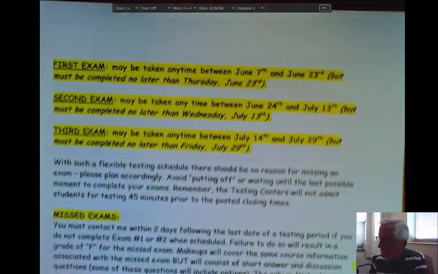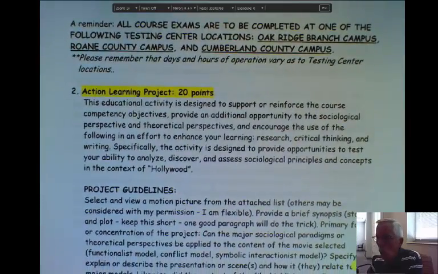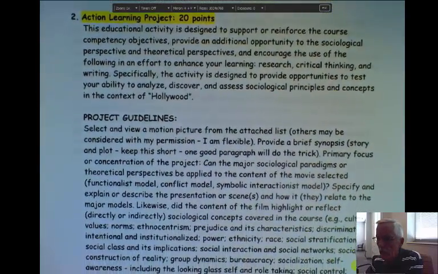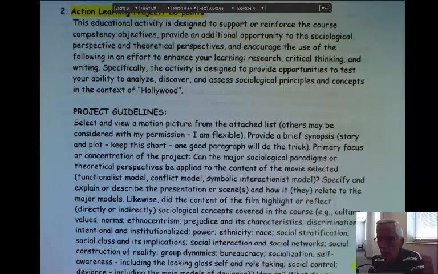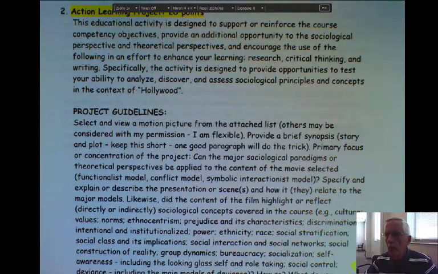Now, in addition to the 3 exams, there is one other key evaluation process that will make up the course, and that's what I call an action learning project. Now, what I want you to do is to select a film.